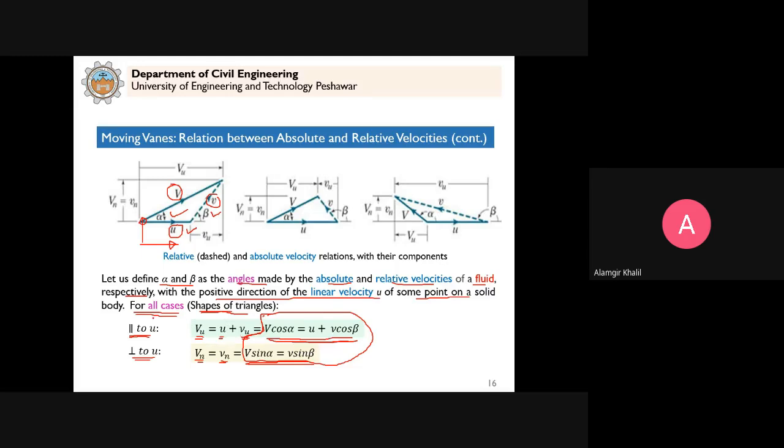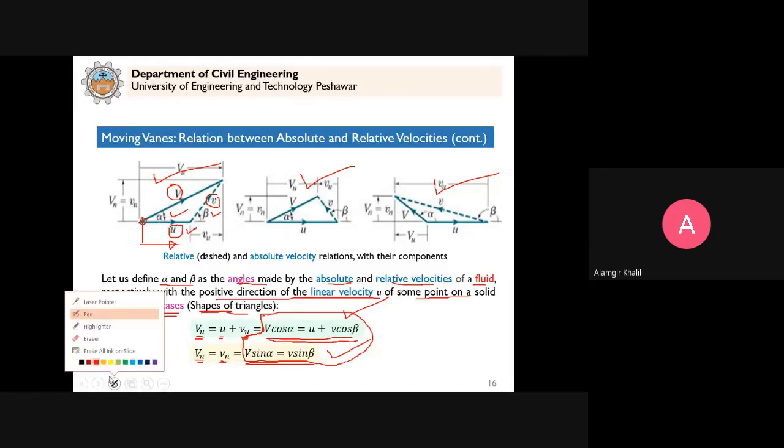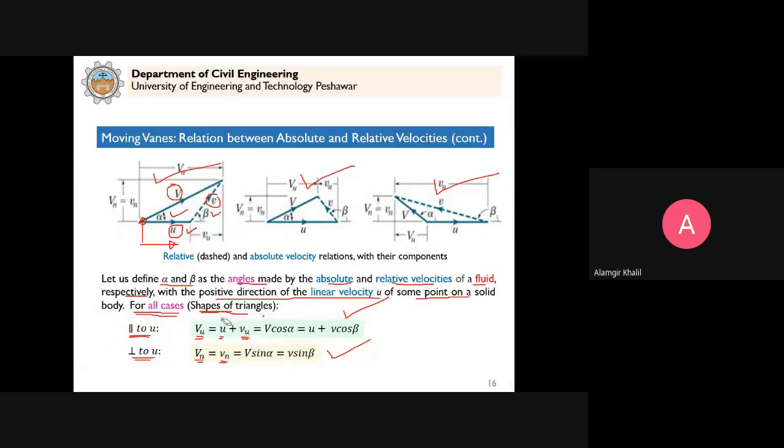So now let us prove this relationship, whether we have this case, or this case, or this case, you will still get these components. So let us see how we get this. I will do it for two cases and then you can verify the third case. So let me try to do it for the two cases.